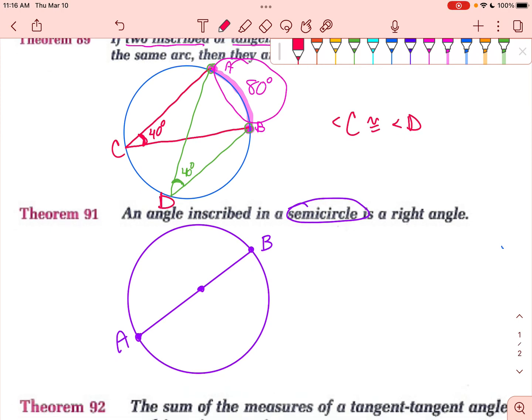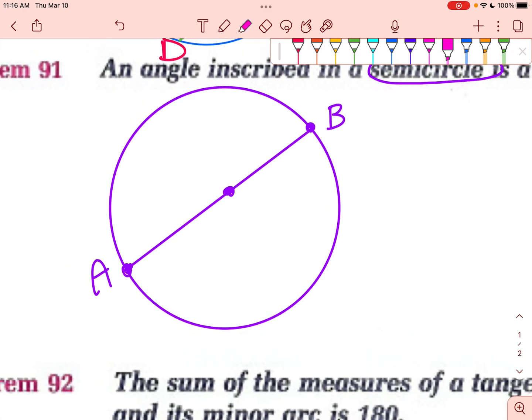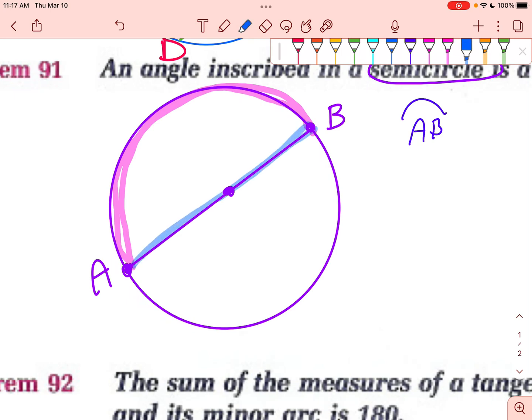Theorem 91: an angle inscribed in a semicircle is a right angle. So if I look at arc AB, I can actually go either way because arc AB is 180 degrees. I can see that chord AB, the blue part, is going through the center of the circle.